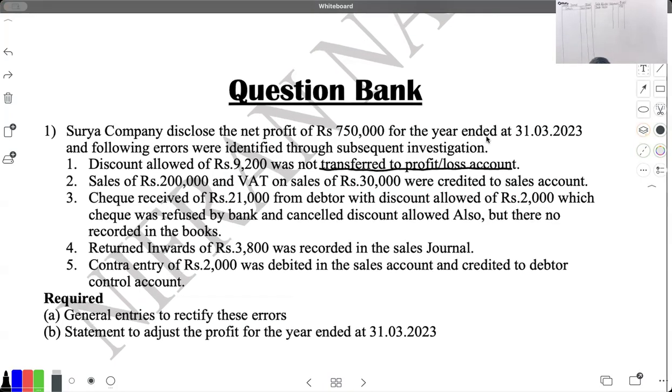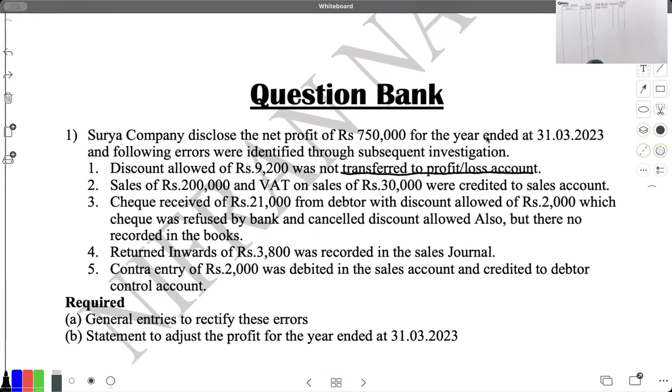I want you to take a moment and think. Now, when it comes to discount allowed, what's the double entry? Discount allowed account debit, trade receivable credit.